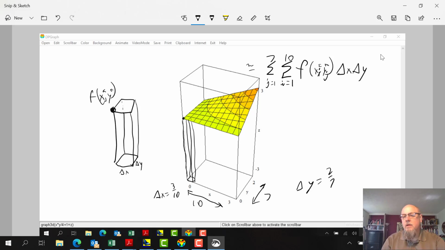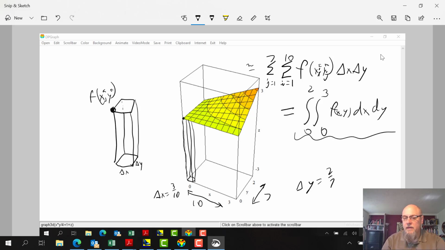And all we're saying is, when I take the limit as the number of rectangular prisms goes to infinity, so I replace this 10 with an n and let that go to infinity, replace this 7 with an m and let that go to infinity, the volume is then going to become equal to, now our delta x goes to a dx, our delta y goes to a dy, those are the dimensions that shrink to 0, x goes from 0 to 3, y goes from 0 to 2, and now all I've got to do is mechanically figure out what that integral is.